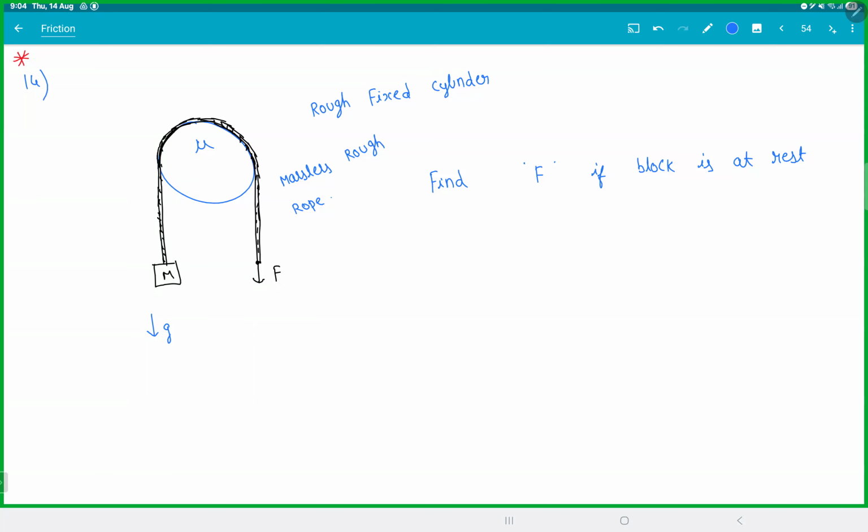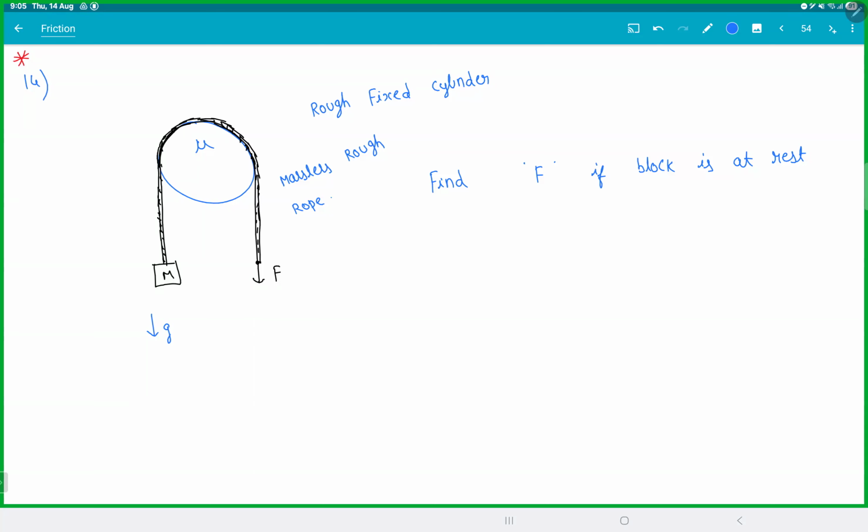What is the catch in this problem? What is the problem with this?